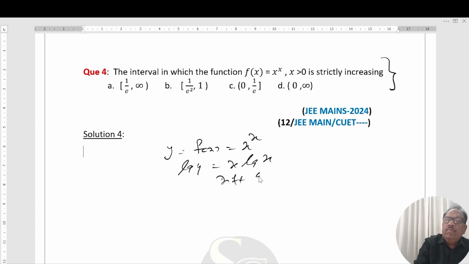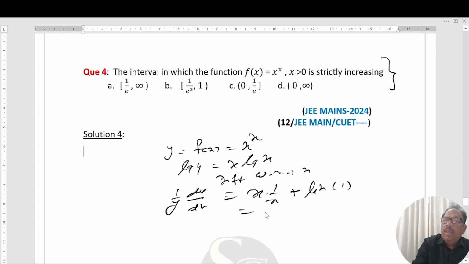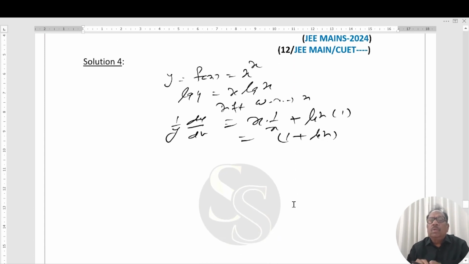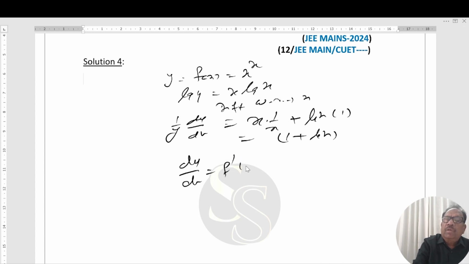Differentiating with respect to x, 1 over y dy by dx, by the product formula, x into 1 by x plus log x into 1. This comes out to be 1 plus log x, right? Now, dy by dx, you can say f dash x, equal to y times 1 plus log x, that is x power x, 1 plus log x.